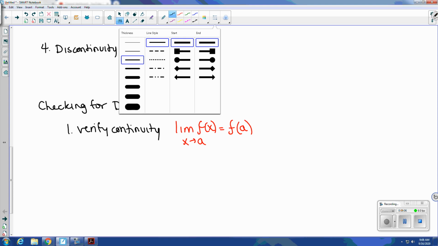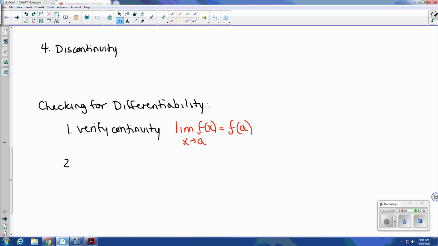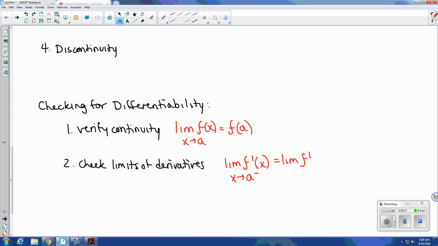2, check limits of derivatives. And what we're going to do, this is the differentiability part, we're going to say the limit of f prime of x as we approach this point from the left needs to equal the limit of the derivative as we approach from the right.